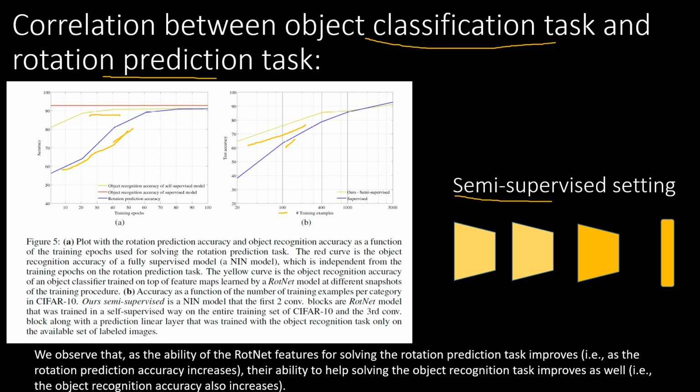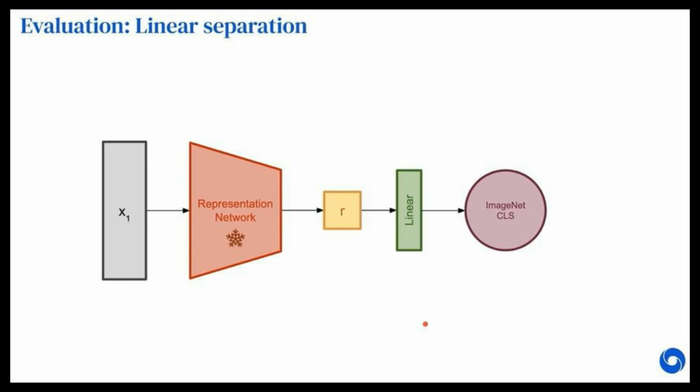Yes, and I discussed in the previous to previous video what the approaches of doing evaluation for a self-supervised model are. So one is the linear separation, where you have your pre-trained model, and then you add a linear layer, and then you evaluate your results on the ImageNet dataset.